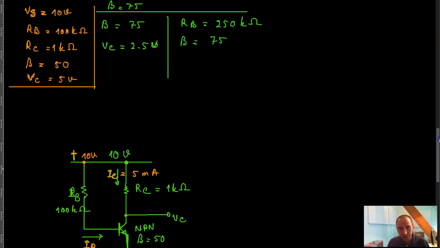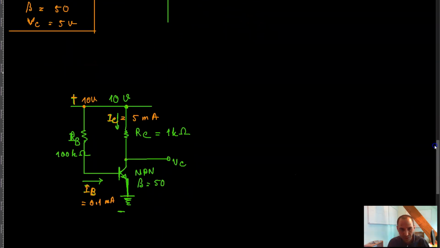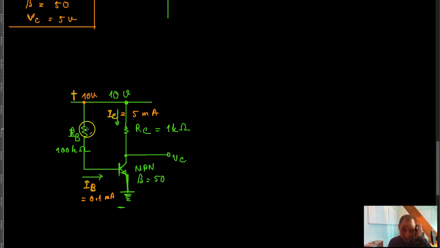Now, if I change the resistor from 100 kilo ohm to 250 kilo ohm, what that means is that more resistance over here means less current, since V is equal to I times R. Taking the voltage constant, more resistance means less current. If you increase the resistance, you have to decrease the current.